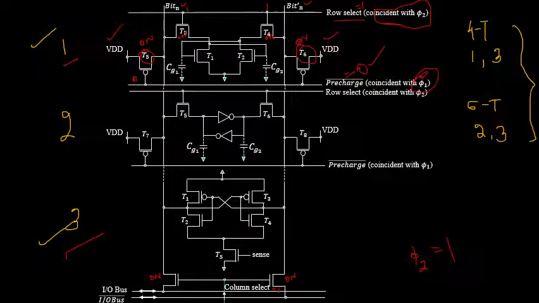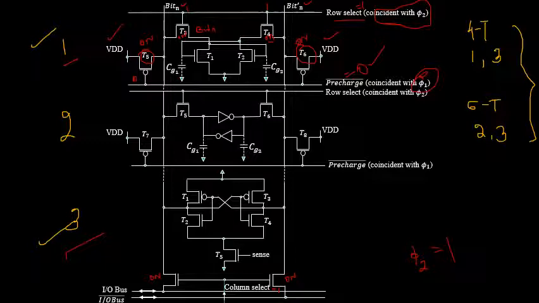So whatever bit n signal is present over here will be applied to the output terminal. If 0 was present, it will be equal to 0 state. If 1 was present, it will be equal to 1 state. Since transistor T4 is turned on, we have even asserted the column select signal equal to 1.